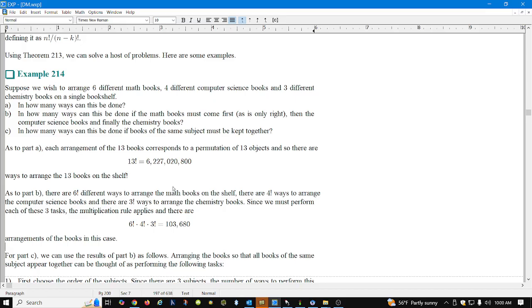How would you ever figure out that arranging 13 books can be done in 6,227,020,800 different ways? I don't have a clue. You're certainly not going to actually do the arrangements and count how many there were. Nobody has that kind of lifespan, and it'd be a total waste of time anyway.